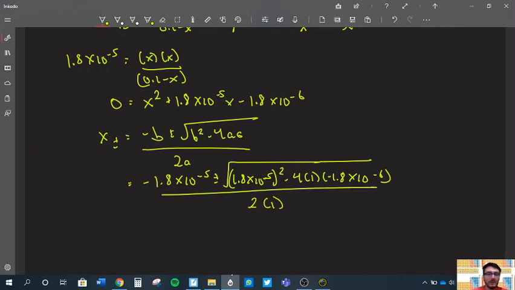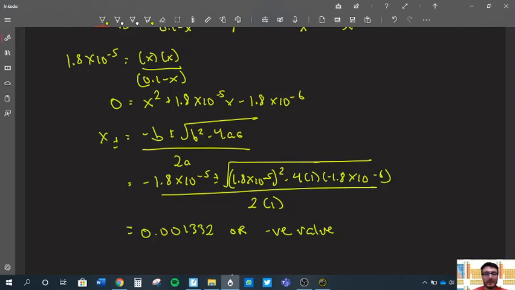Plus or minus, we get 2 values. X is going to be 0.001332. Again, keep as many digits as you can, at least 4 or 5. Or some negative value.